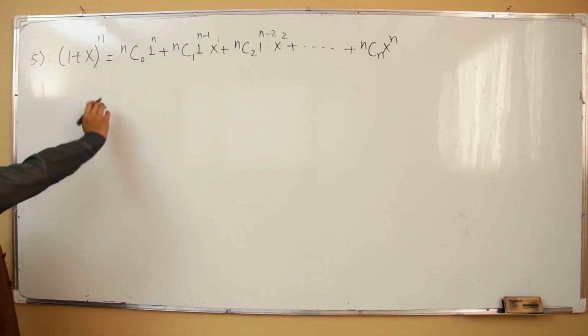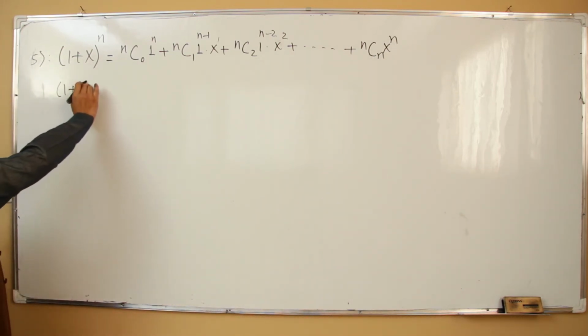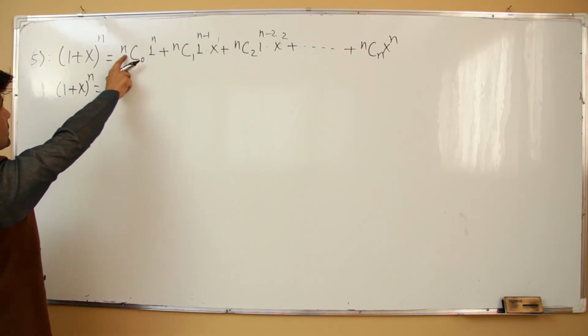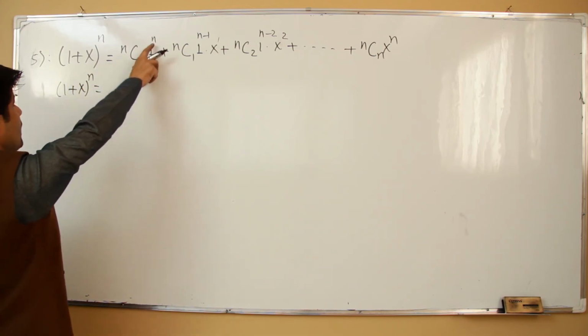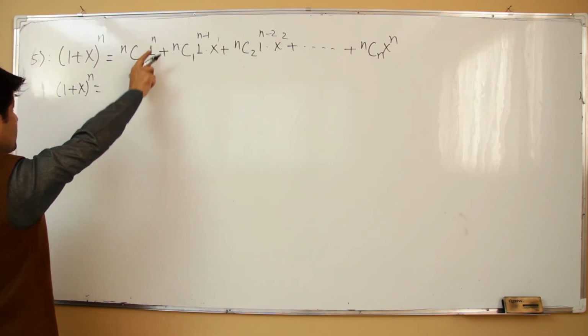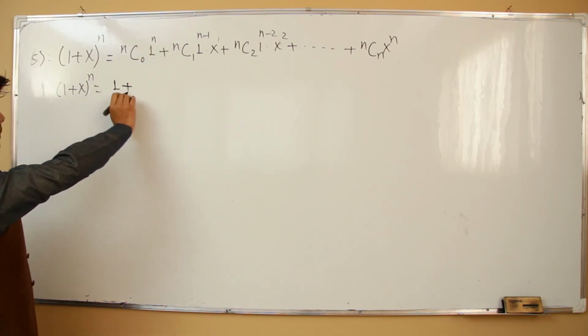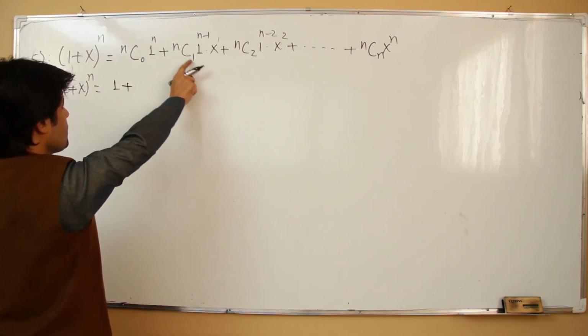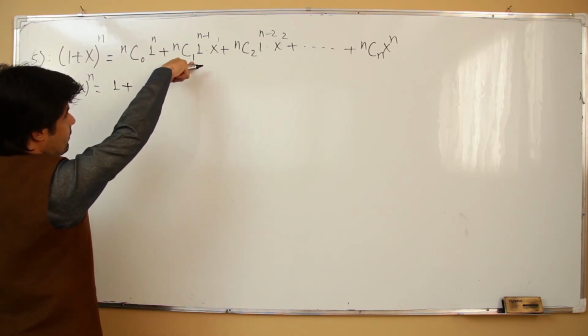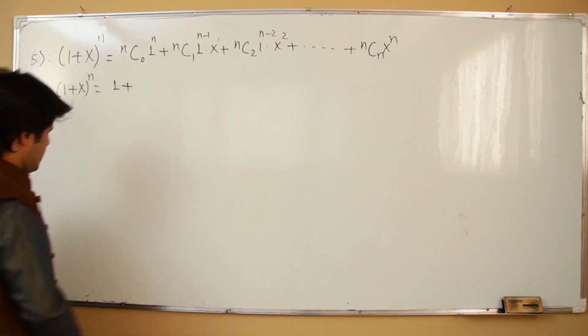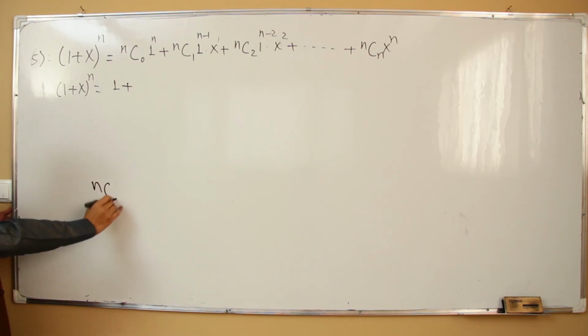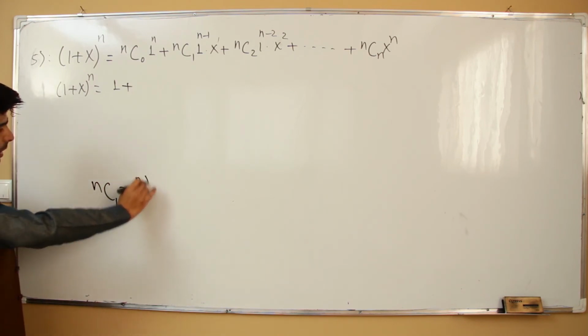Now you can write here 1 plus x raised to the power n: nC0, it's 1. 1 raised to the power of any number is 1. 1 times 1, 1. Plus, now what is the simplification of nC1? nC1 means n by 1.